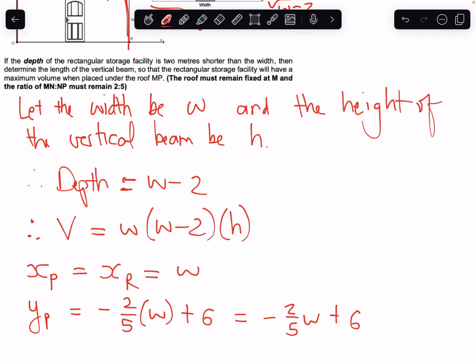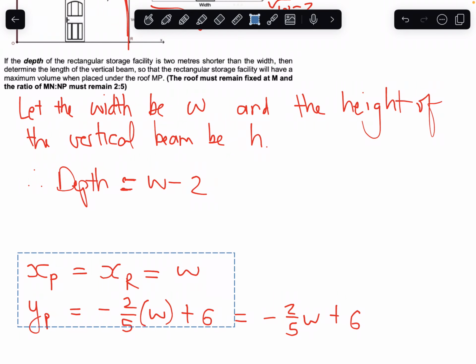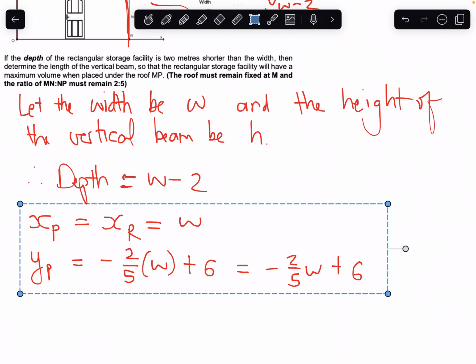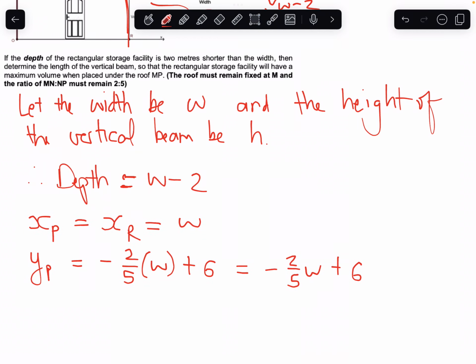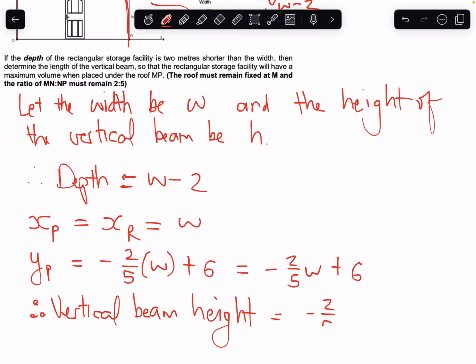So in fact, we can revise our little formula here. The vertical beam height is going to be negative 2/5 of W plus 6.